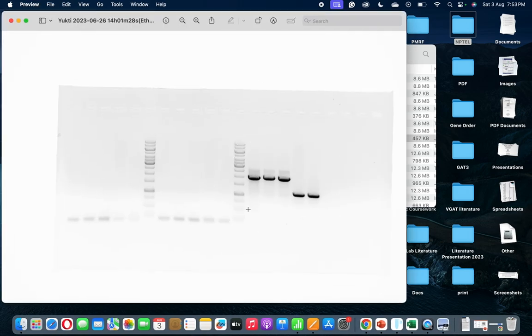This is the gel we just analyzed. It's a very clean gel where we're getting one sharp band, and this faint band at the bottom is just primers which were not used in the PCR reaction.